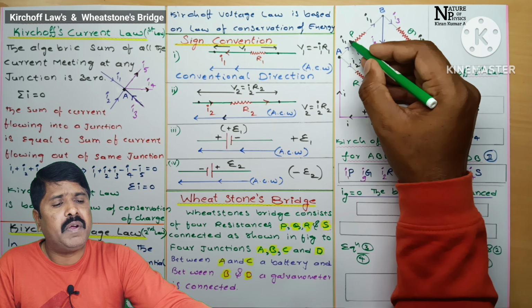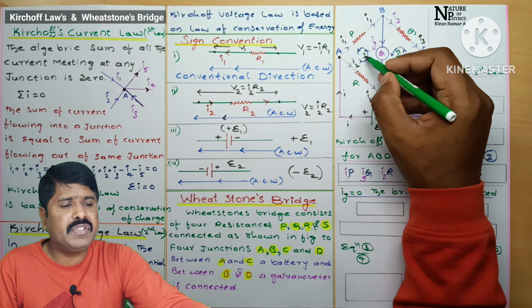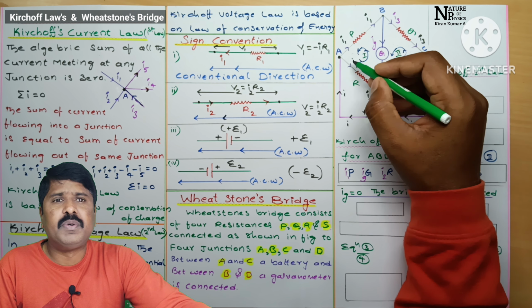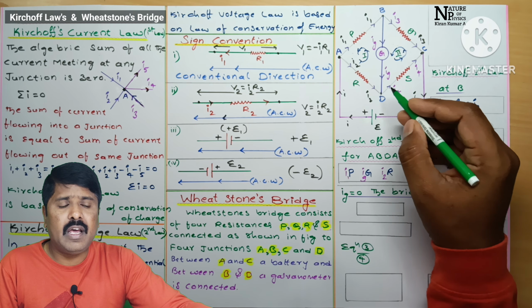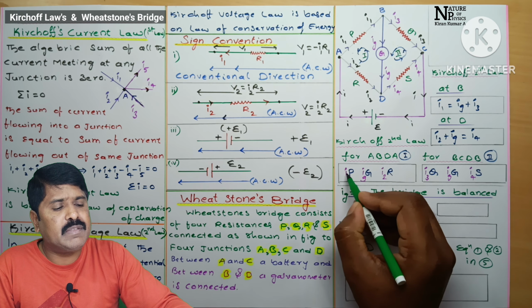See here, for the first current I1, the current direction and conventional direction are in opposite directions. I1's conventional direction is anti-clockwise. Clearly we can notice here that the current is taken as positive.